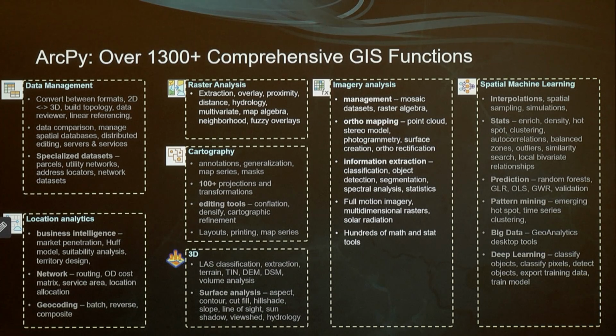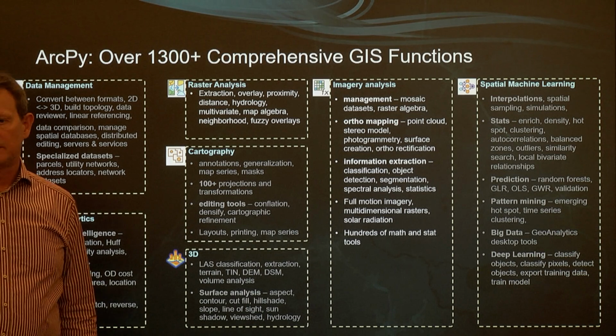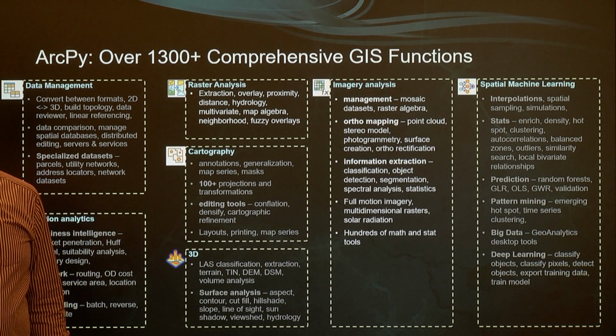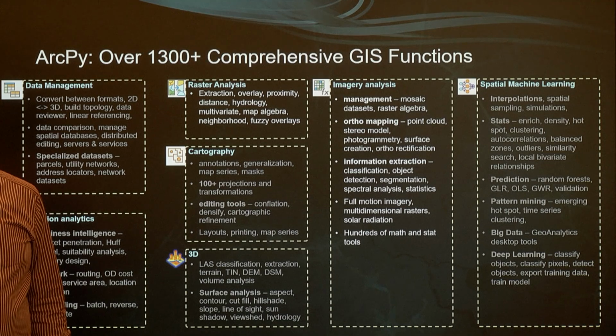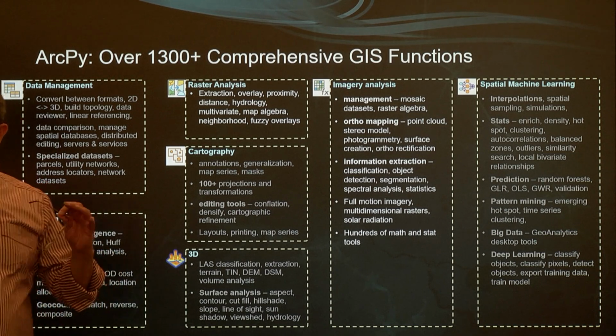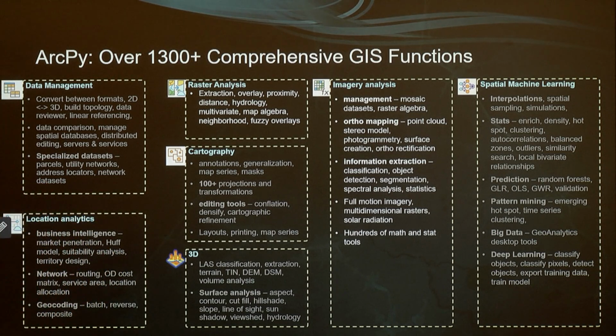Now, what is so cool about a raster object? Is a raster object necessarily a single raster? No. A mosaic dataset is also a raster object. A raster collection is a raster object. So they can all be abstracted to the same concept, allowing you to apply functionality on them.